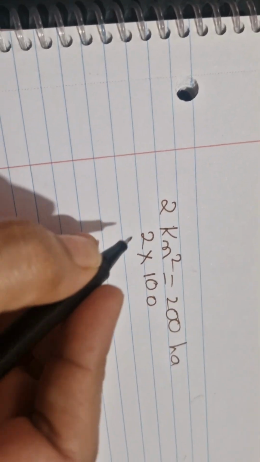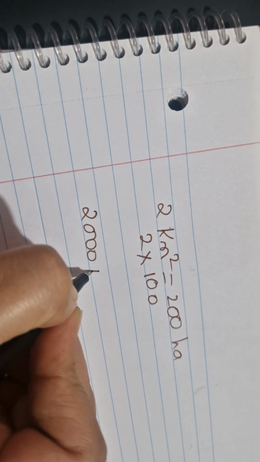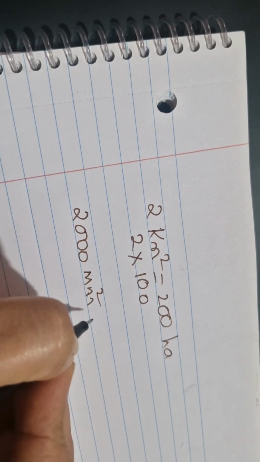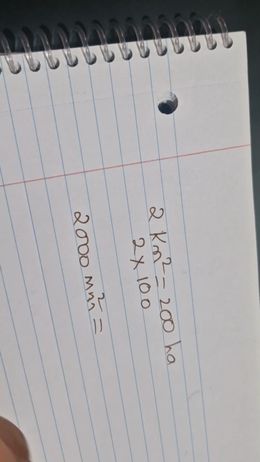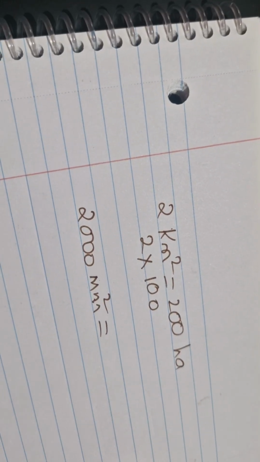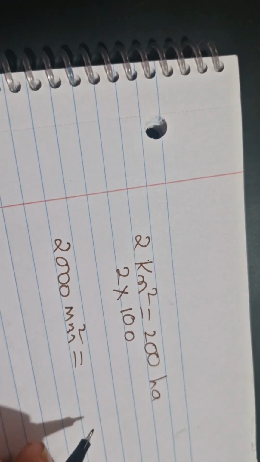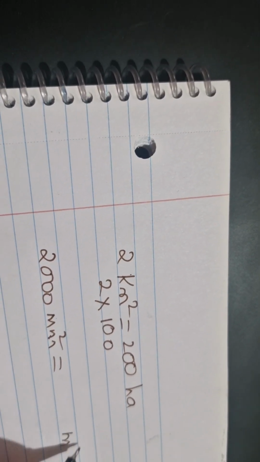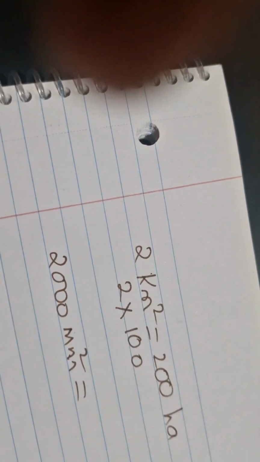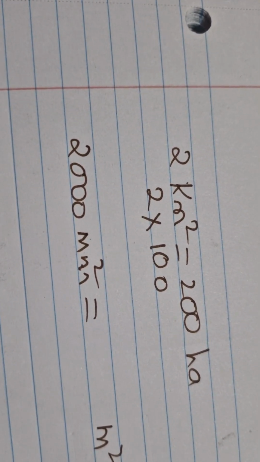Now if I am giving you 2000, let's say mm square. Now I am writing the smaller unit first and you are converting from smaller to bigger. What you will do? You will divide. Small to big, divide. Big to small, multiply. So mm square is small, and if I ask how many meters square? First you find without square. You know 1 meter is 1000 mm.